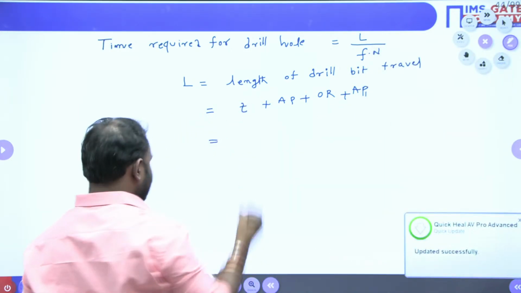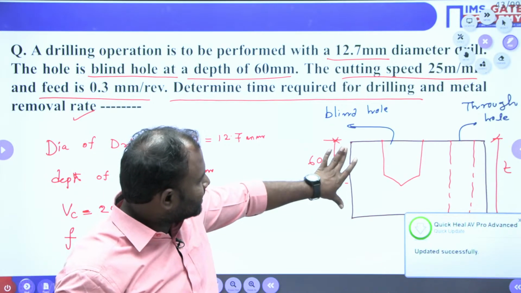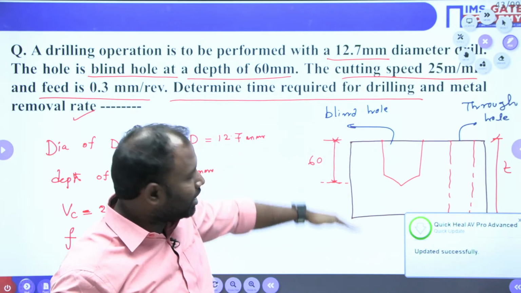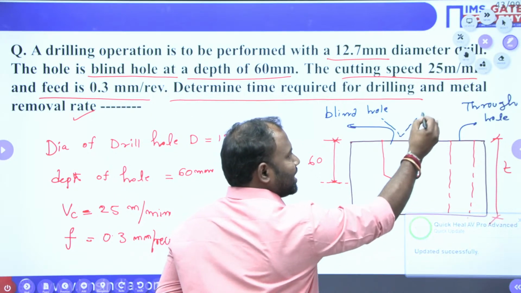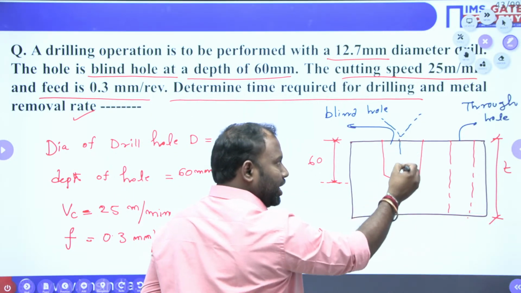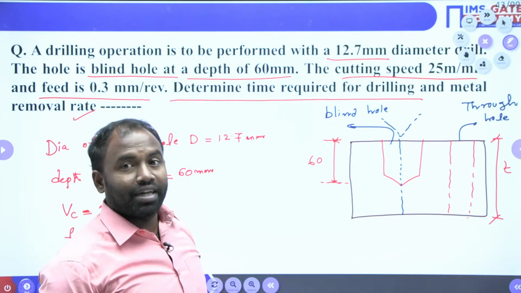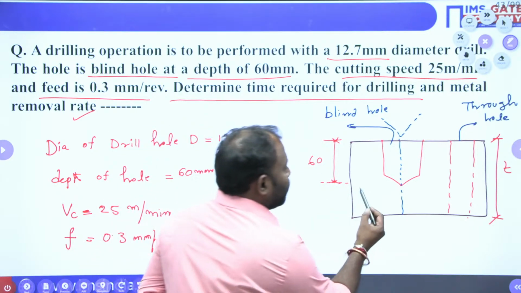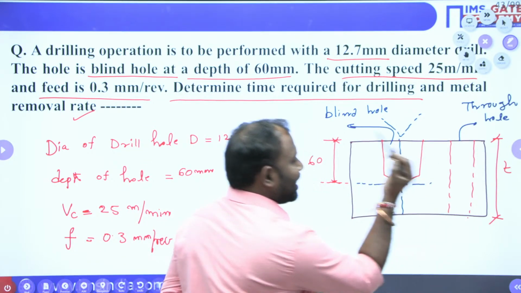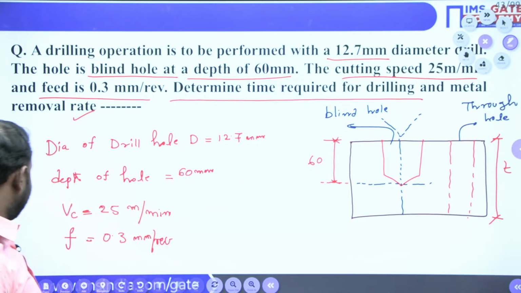So actually we have to consider this thickness, the distance the drill bit is going to travel along the thickness. But do remember, it is a blind hole. The tool will travel up to only this much distance, so in place of thickness, I'll substitute 60.